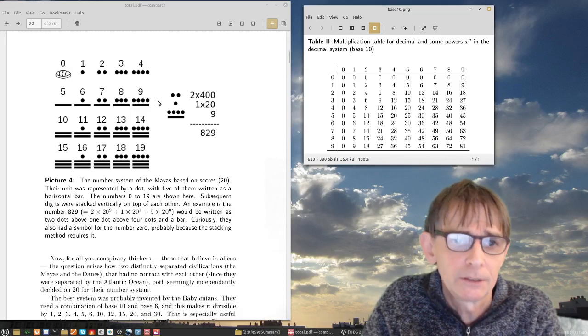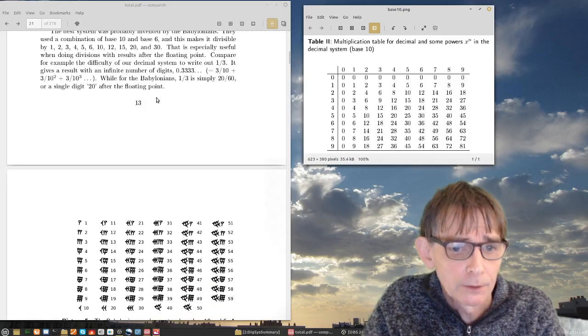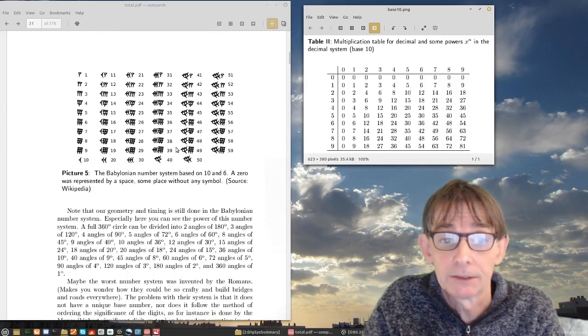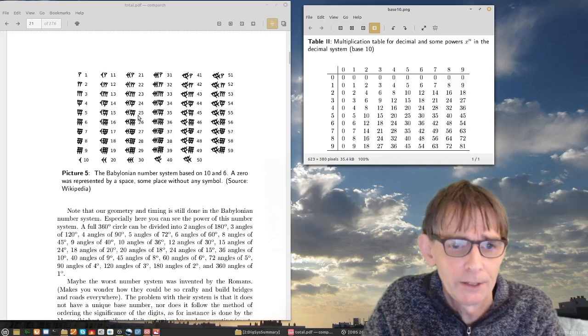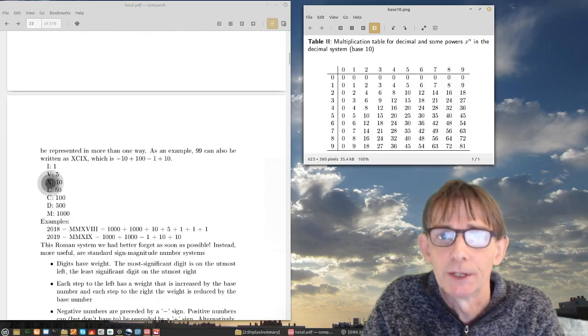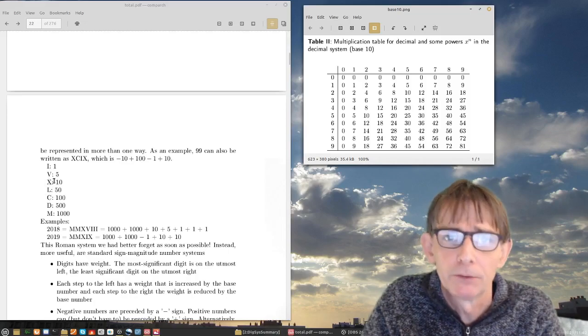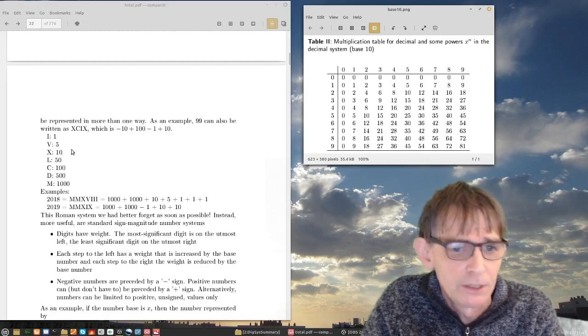The Babylonians even had base 60, which is very good for fractions because it's nearly divisible by everything. The Romans, well, let's forget them. I don't know how they ever built large structures with this number system, because it seems unworkable to me.